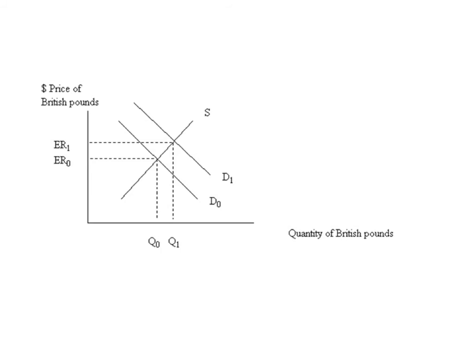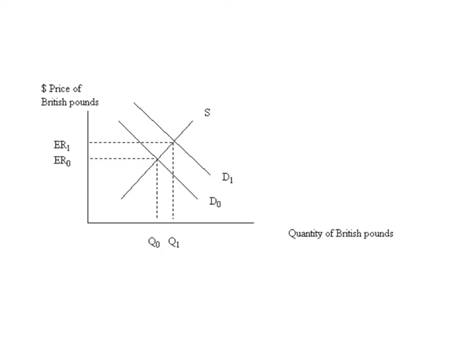Now, as we move to a new exchange rate, ER1, what's happened is dollars divided by pounds has increased. So let's imagine in the denominator we have 1 British pound. The numerator has increased.